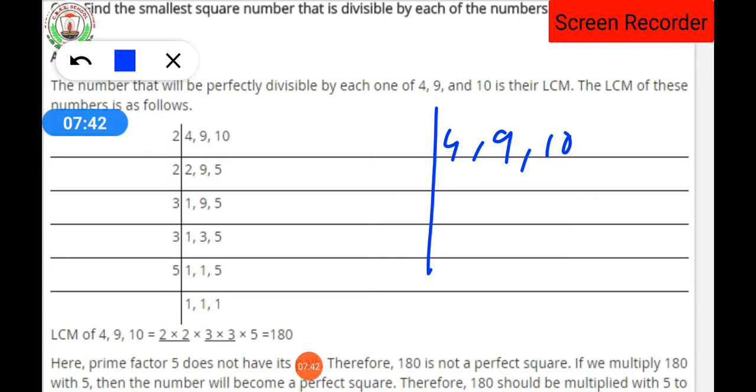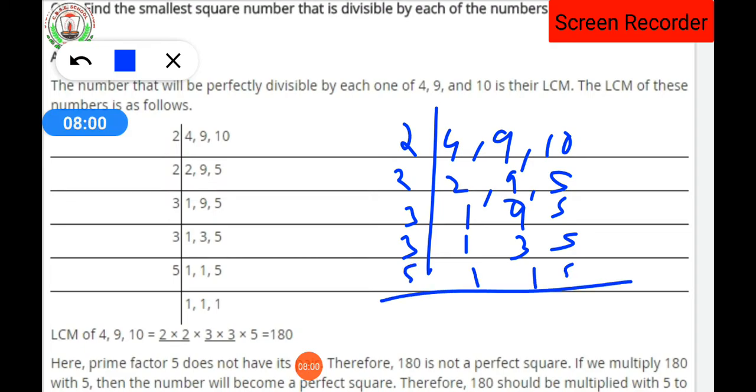Now finding the LCM of 4, 9 and 10, first divide by 2, it will be 2 for 4, here 9 will not come, so it will remain as it is, 5 as well. Then again 2, 1, 9, 5, isn't it? Then 3, here 1, 3, 5, again 3, 1, 1 and 5, then again 5, it will be 1, 1 and 1. So here 2 into 2, 3 into 3 into 5 is the number.